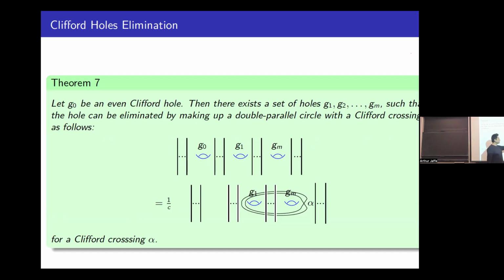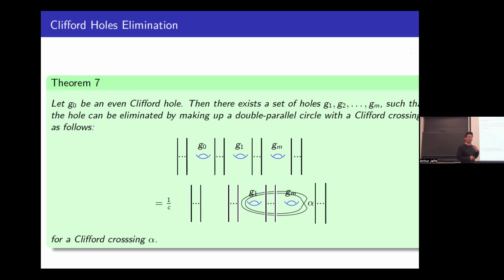And this alpha has only 4 choices. So this crossing is Clifford. It's not a generic crossing. That means we can remove the Clifford hole without increasing complexity. We don't increase non-trivial crossings, but we remove the hole.